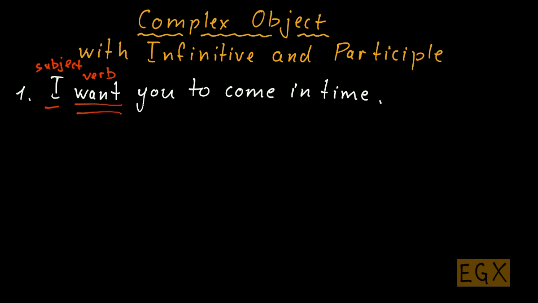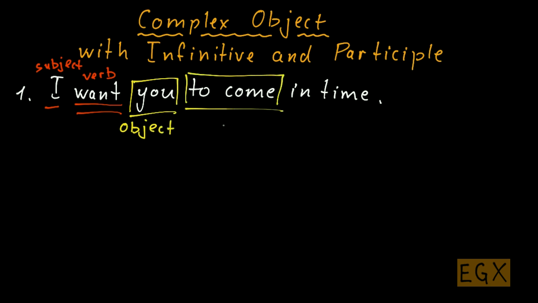And this thing here, this is my object. And this thing here, it is my another object. We may call them object 1 and object number 2.